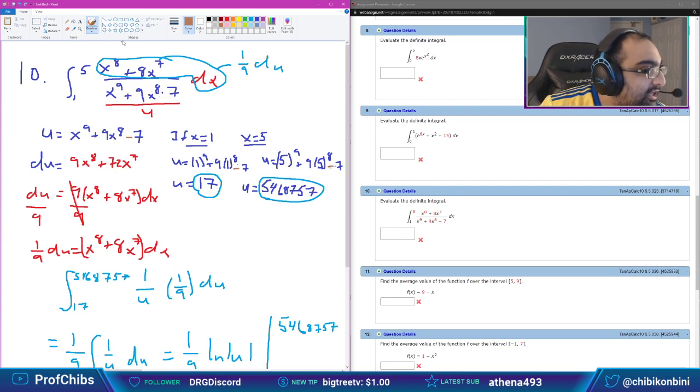Let's see what it would be with -7. This doesn't change much, but I know what this changes. This changes to 50. Check that here. Oh no, that doesn't change.